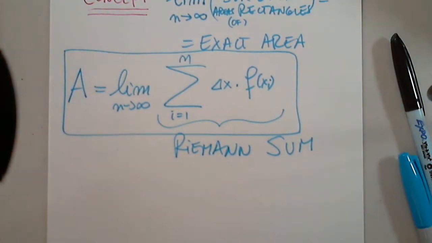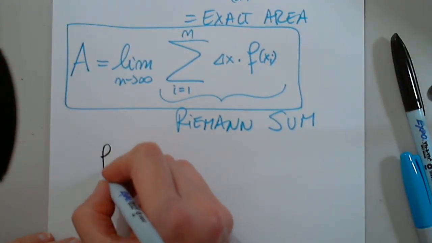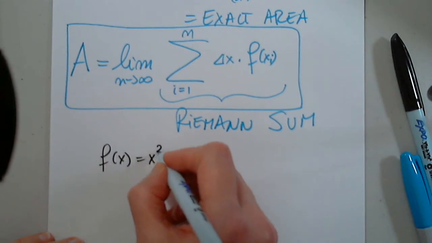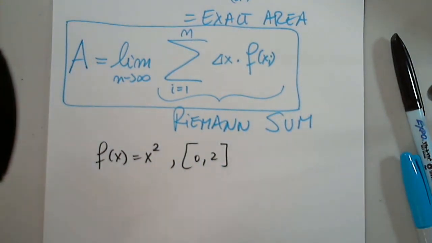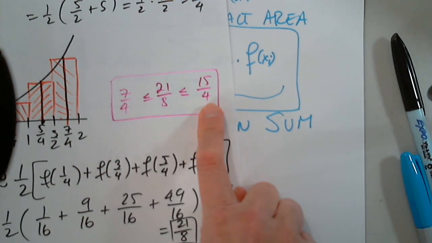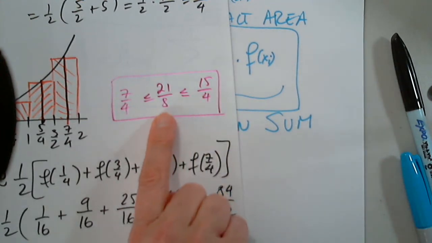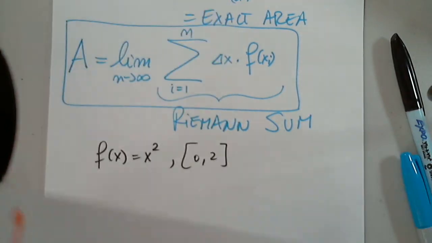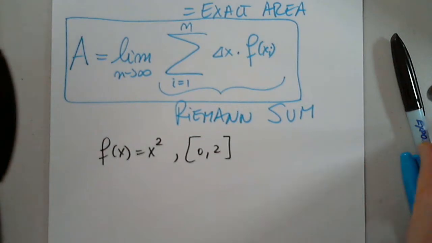Okay. So now, the simplest example with the limit of the Riemann sum, let's go and calculate the exact area, because now we can. So previously we got 7/2 with the leftmost point, 7/4 with the leftmost point, 15/4 with the rightmost point, and 21/8 with the midpoint. And now let's get the exact area. There are 3 preps here.